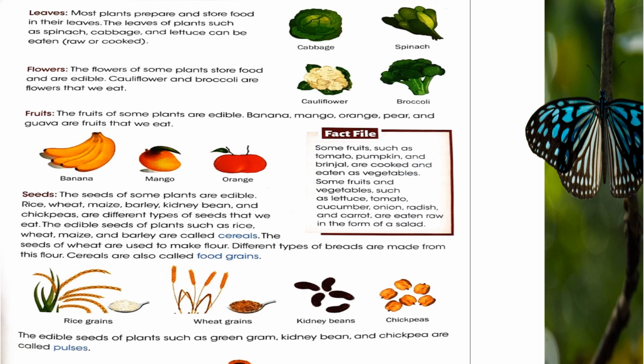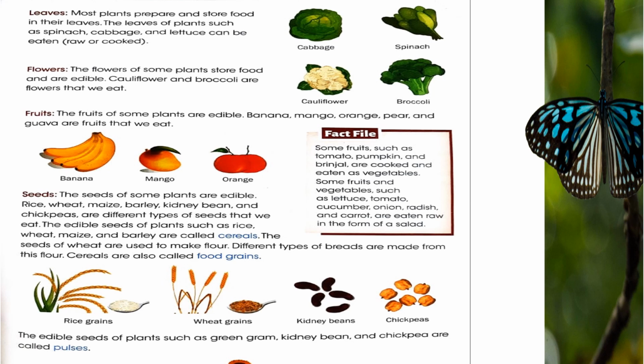Fruits. The fruits of some plants are edible. Banana, mango, orange, pear, and guava are fruits that we eat. Seeds. The seeds of some plants are edible. Rice, wheat, maize, barley, kidney bean, and chickpeas are different types of seeds that we eat.